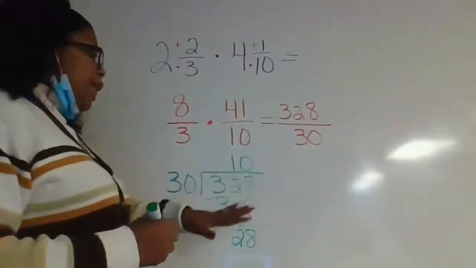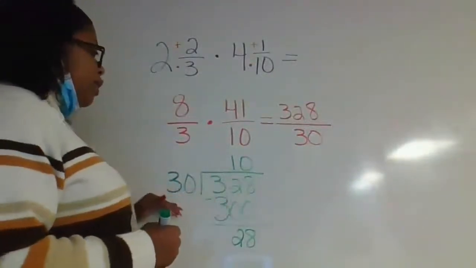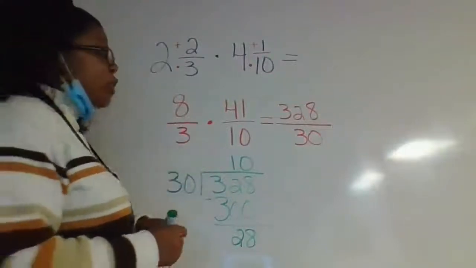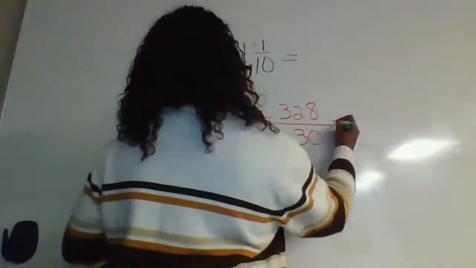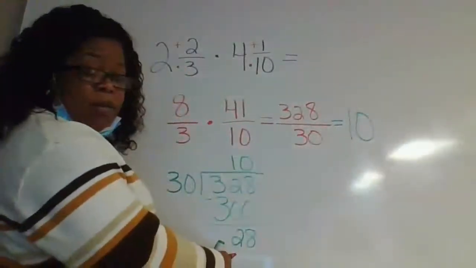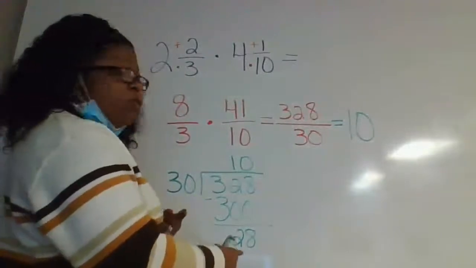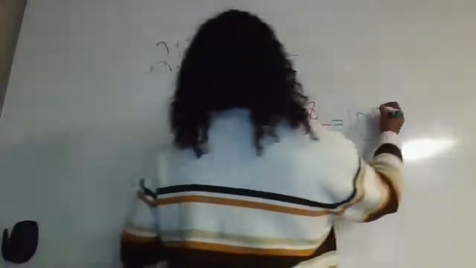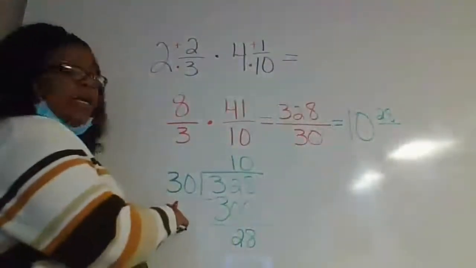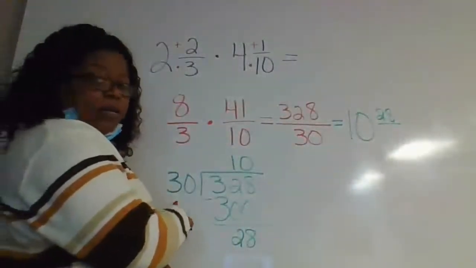When we divide 328 by 30, this top number becomes our whole number. So 10 is our whole number. 28, or what we know as the remainder, becomes our numerator. And we keep 30 as our denominator.